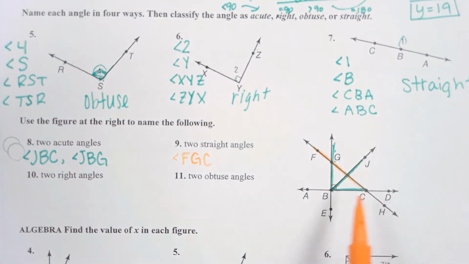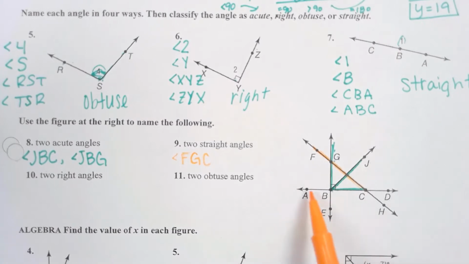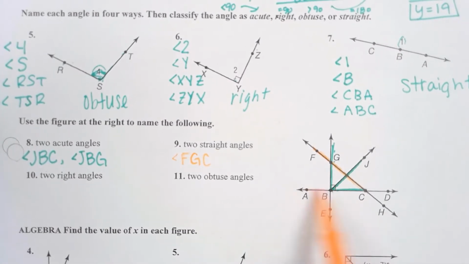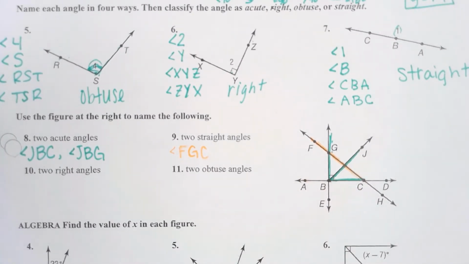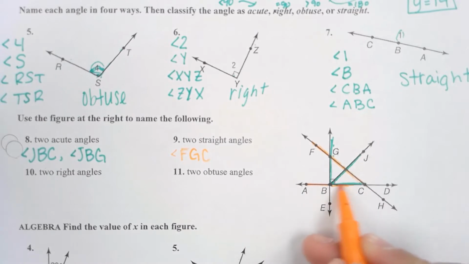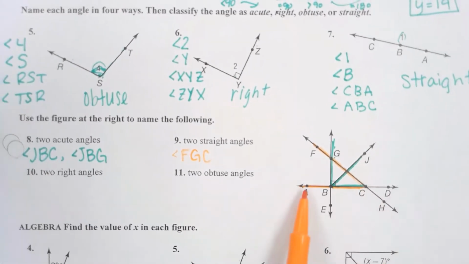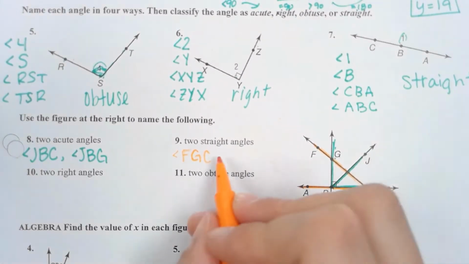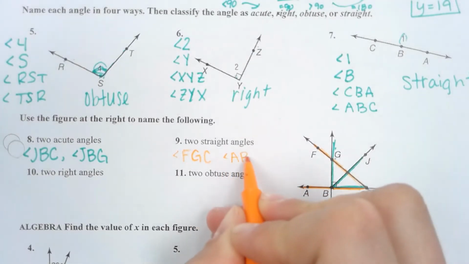Okay, then my other one that I can use, another straight line, is I can use this line down here. And my orange pen went out. So I can use this line down here. And notice how I can just label it ABC. So angle ABC.